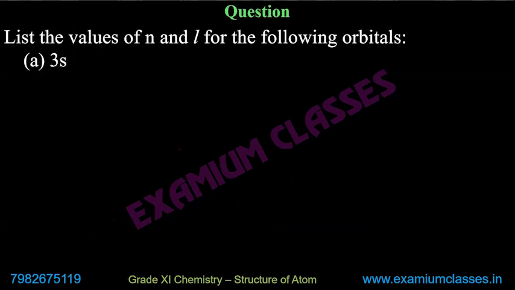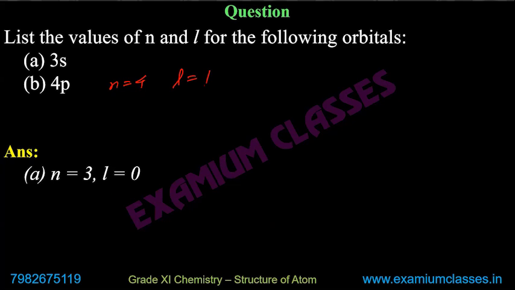Now list the values of n and l for the following orbitals. What is the value of n and what is the value of l? For 3s, the value of n is 3 and the value of l is 0, because s corresponds to 0. Then 4p: n equals 4, l equals 1, because p corresponds to 1.